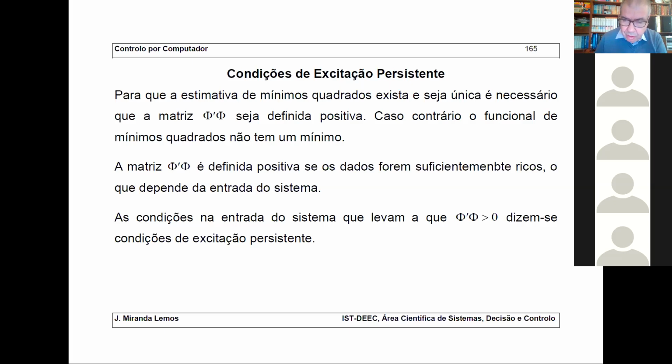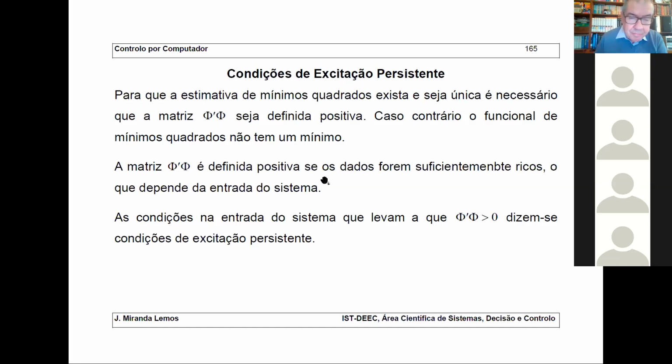For instance, if you excite a system with a sinusoid, you would be able to estimate 2 parameters, because the sinusoid is non-zero at 2 points in frequency, one positive and one negative. So you can estimate 2 parameters, and so on.